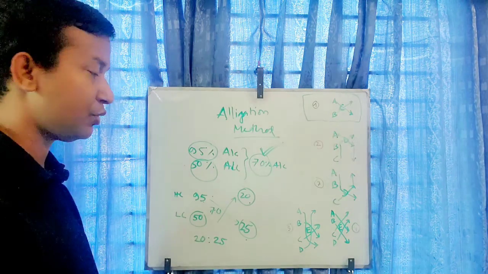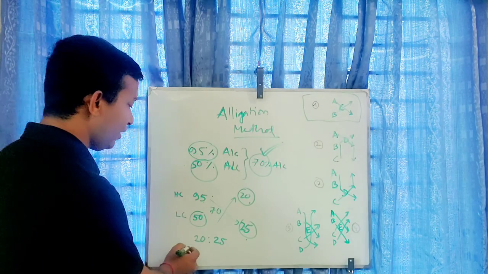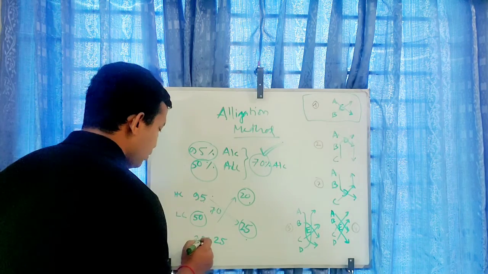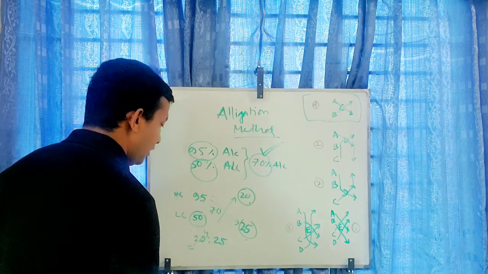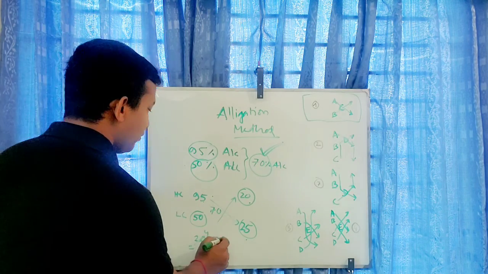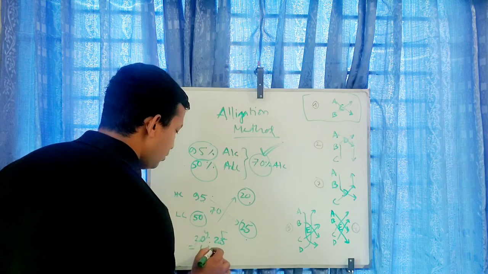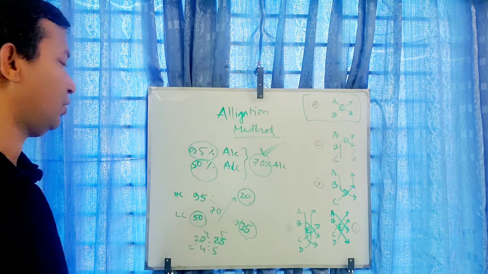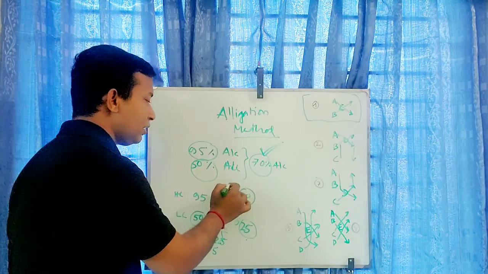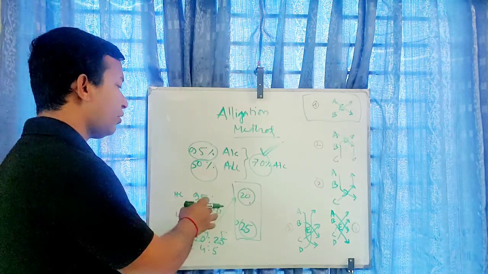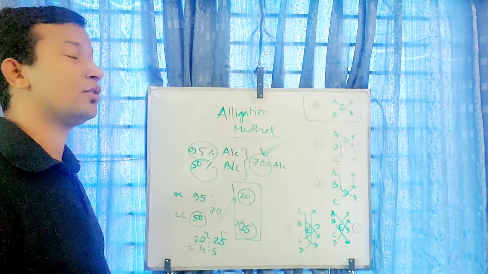This is the basic proportion. Now we can also simplify it by dividing by 5. 5 into 4 equals 20, 5 into 5 equals 25. So it becomes 4:5. This is basically the proportion you derive from this kind of cross calculation, or tic-tac-toe method.